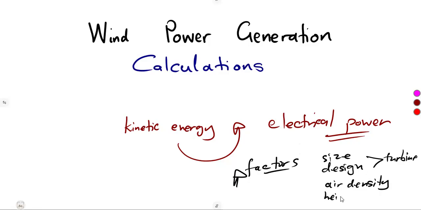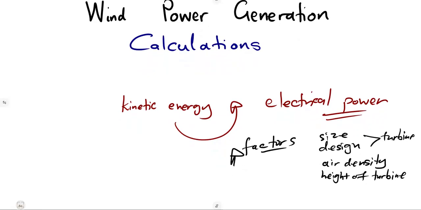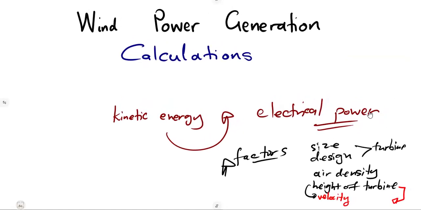The height goes hand in hand with the velocity, as I referred to before. These two work hand in hand: where the height is, the velocity is. So you must consider these aspects as part of your calculations.